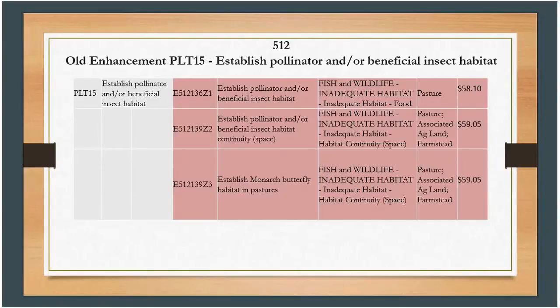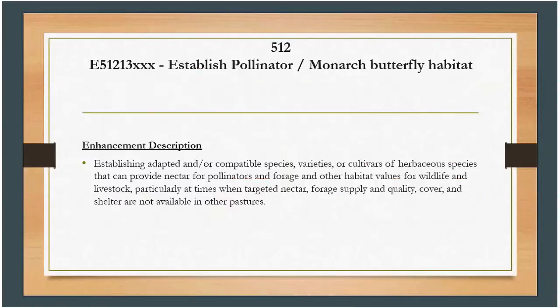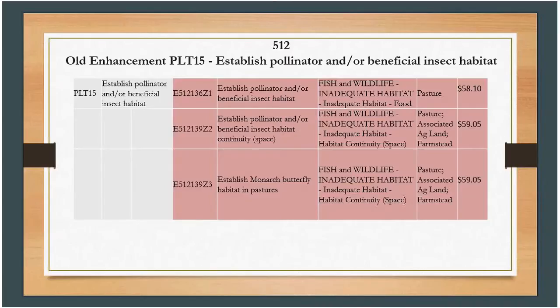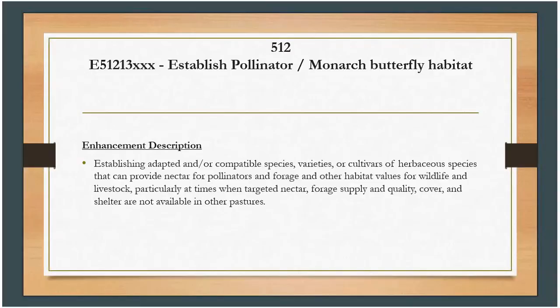And then the next one is dealing with similar pollinator insect habitat continuity, so it's talking about space, whereas the first one deals a little bit more with food. And then the third one is dealing with space as well, but more specific to monarch butterflies. The first one can only be done on pasture, whereas the last 2 dealing with space can be done on pasture, associated ag land, and farmstead.